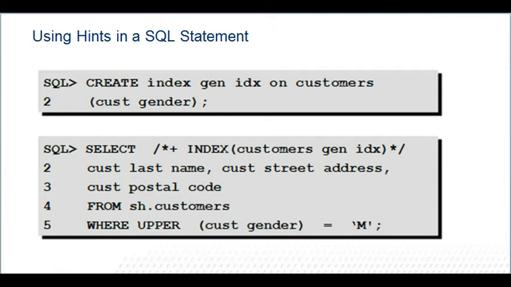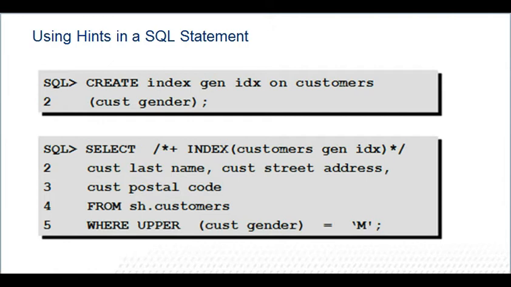Using hints in a SQL statement. We may know information about our data that the optimizer does not know. For example, we may know that a certain index is more selective for certain queries. Based on this information, we may be able to choose a more efficient execution plan than the optimizer. In such a case, use hints to force the optimizer to use the optimal execution plan.